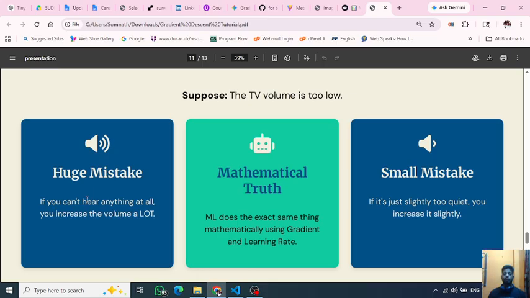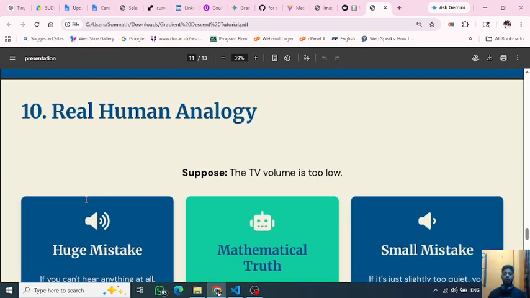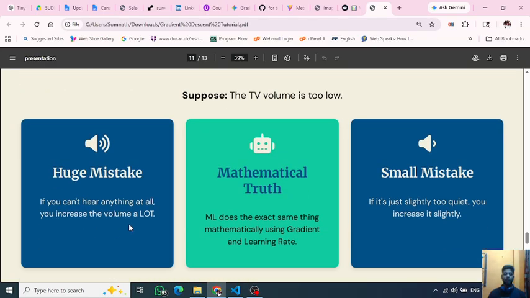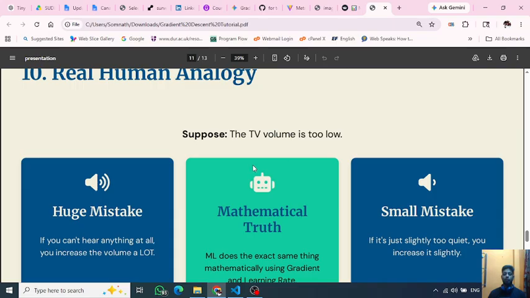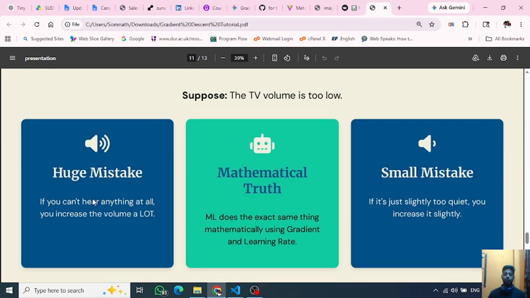Okay, so a real human analogy: suppose in this example it's a TV volume. The TV volume is too low. Here is a huge mistake: if you cannot hear anything at all, you increase the volume a lot.